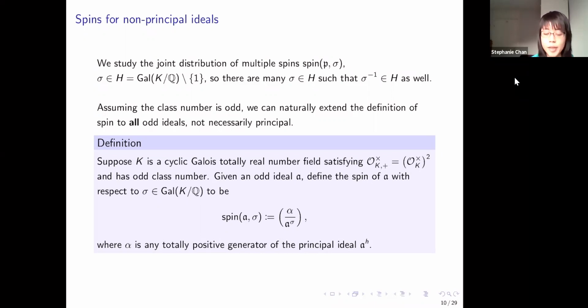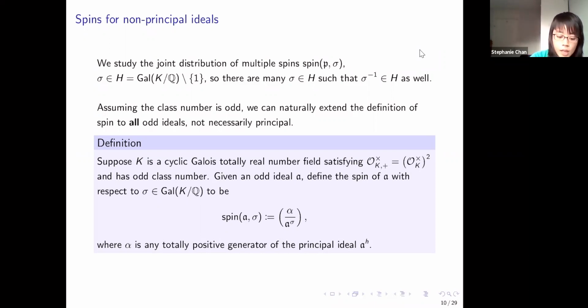It depends on what you want to do, but that is completely possible. Just in our case, we assume odd class numbers so that we don't have to restrict to a subset of ideals to work with, but that is a totally possible way to do it as well.